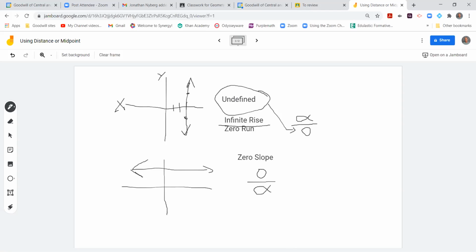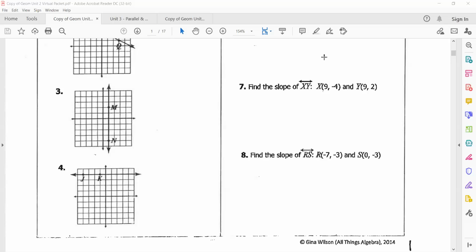Questions on either of those so far? So that may remind you of your earlier time in algebra.